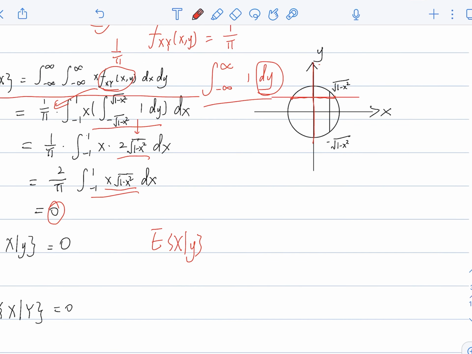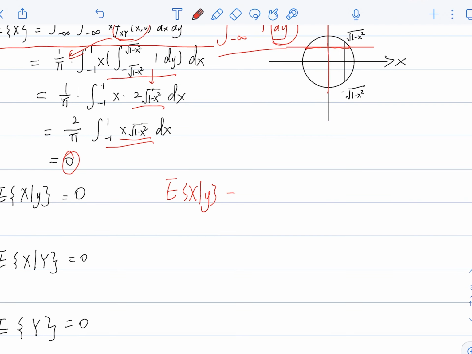It is symmetric about x equals 0, so the expected value of x under the y condition is 0.